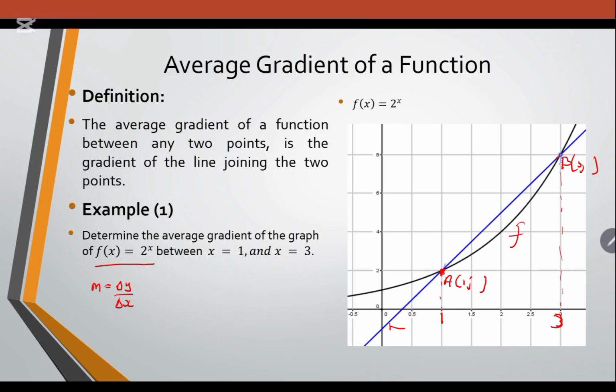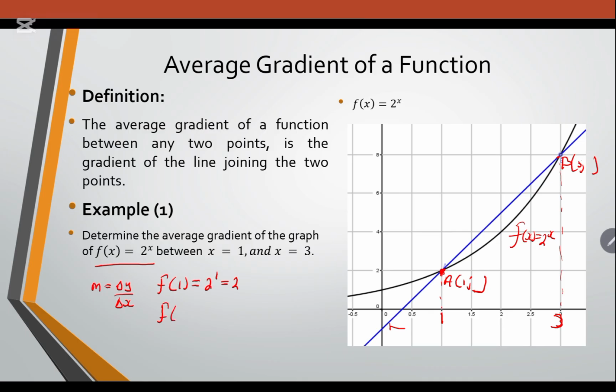What we know is that this graph is f of x is equal to 2 to the exponent x. So in order to find the value of y here, we need to find f of 1. f of 1 is equal to 2 to the exponent 1, so that is 2.